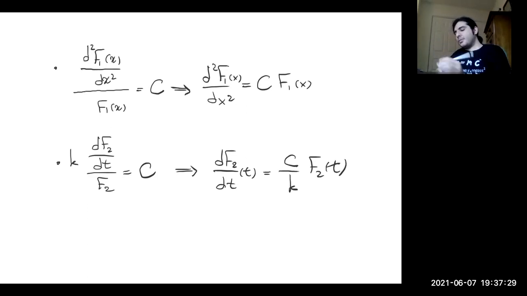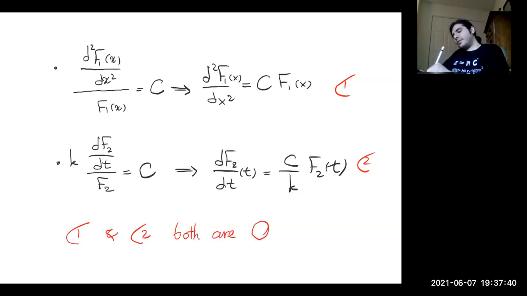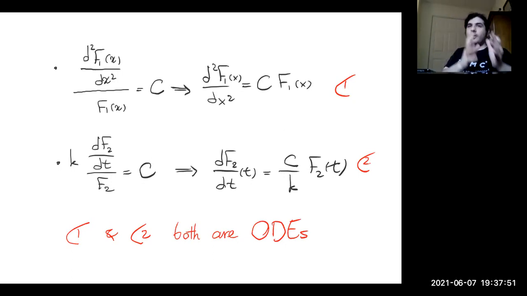So as you can see, both of these, 1 and 2, are ordinary differential equations, right? Each of them is with respect to just one variable. In one of them, we have a derivative with respect to x. In the other one, we have a derivative with respect to t.